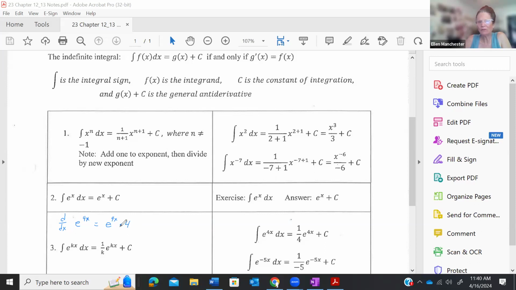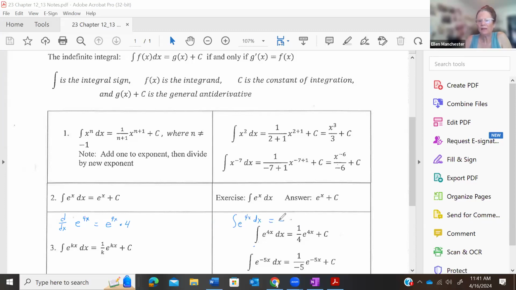Okay, so that's how we found the derivative. Well, because we're doing antiderivative, we're going in the opposite direction. So instead of multiplying by the derivative of the function, now we're going to divide by the derivative of the function. So that's what this is showing. E to the 4x, finding the antiderivative. We're repeating it, e to the 4x divided by the derivative of 4x. Okay, so that's why it's divided by 4. So what I would do if I was doing this one, this is how I write it.